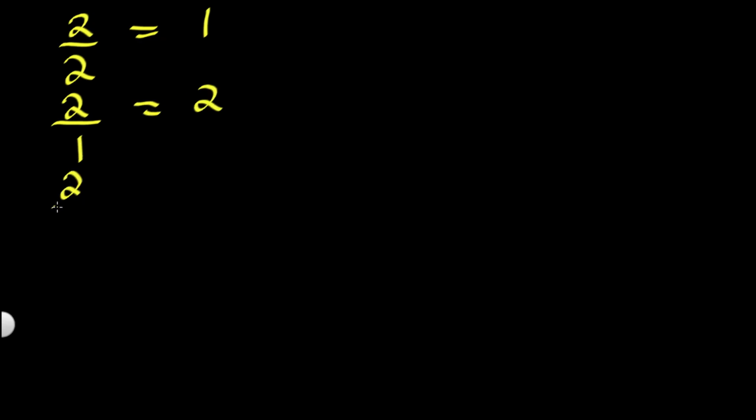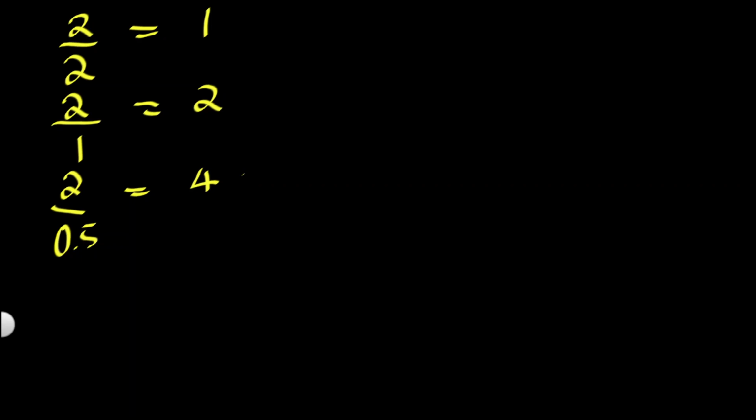Or maybe if you want to use a division approach, you may start with 2. Let us say you divide 2 by 2, you get 1. Then you divide 2 by 1, you get 2. Then you divide 2 by 0.5, you get 4.